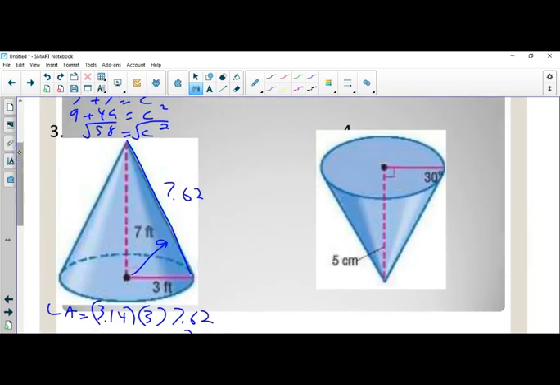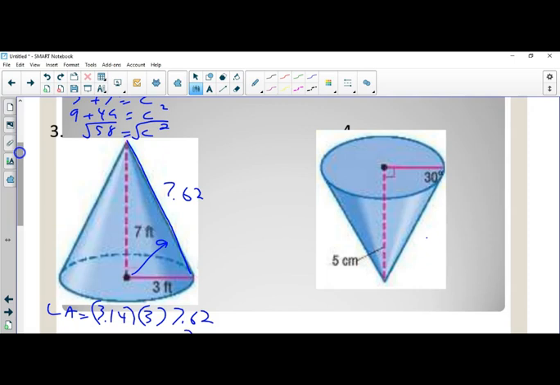And last but not least, here we have 30 degrees, and we need to find our two other numbers. So I'm going to use tangent. I'm going to try to find the radius first.